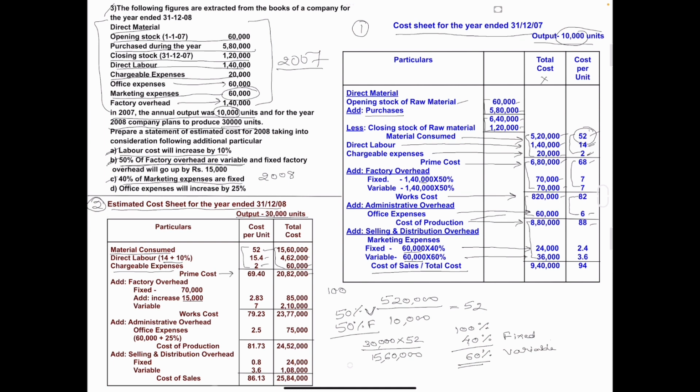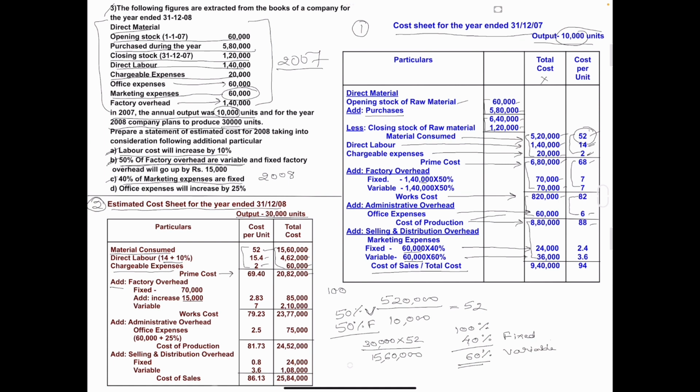So in the estimated cost sheet, what we have to do? We have to get the total cost and cost per unit column, we have to refer to the cost sheet of 2007, that is the cost per unit column. Add factory overhead. Factory overhead is divided into two parts, fixed and variable.